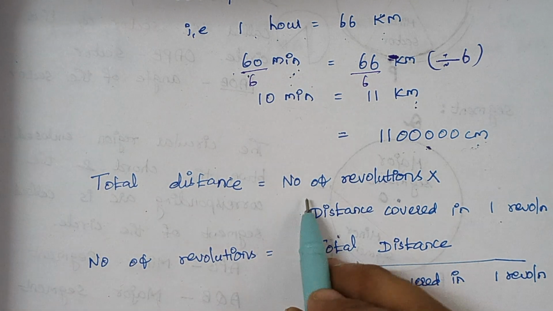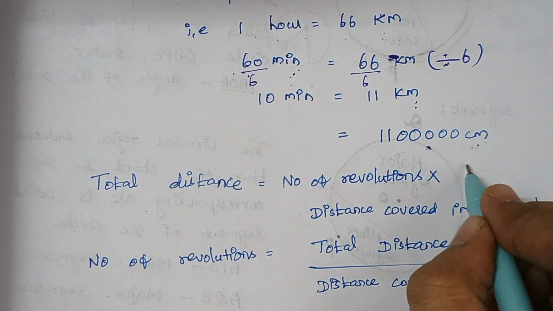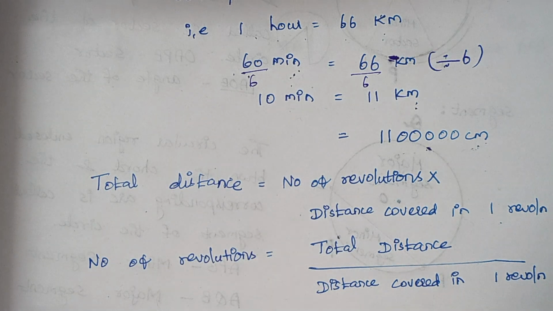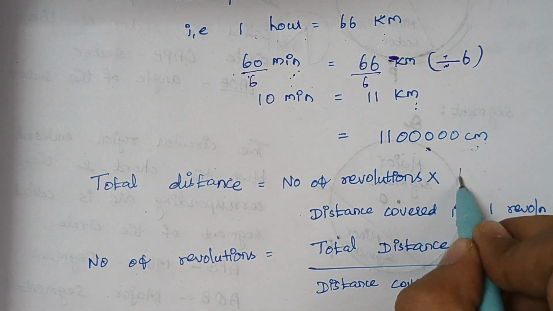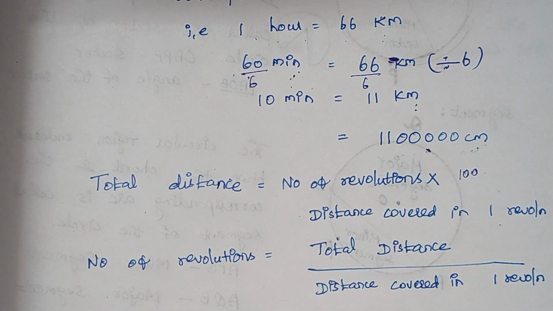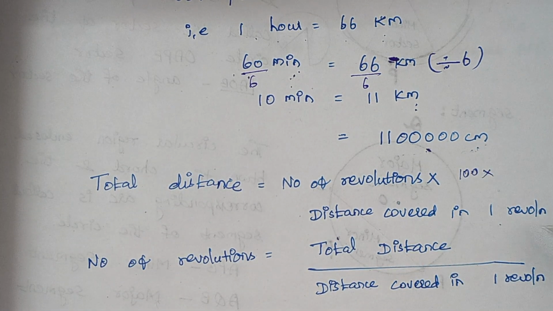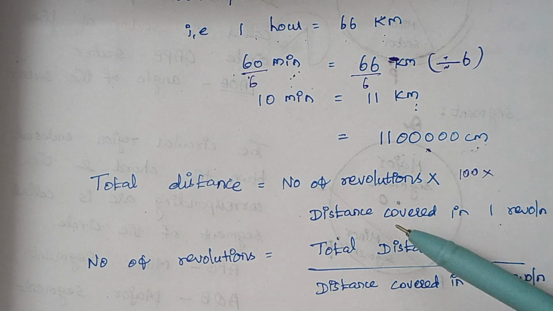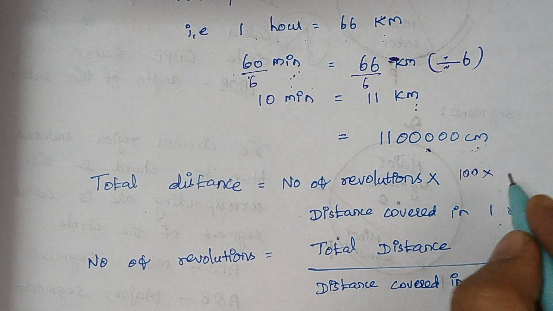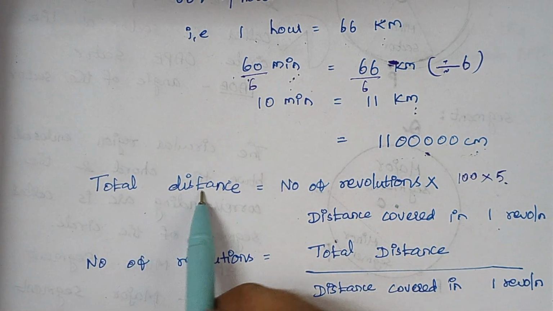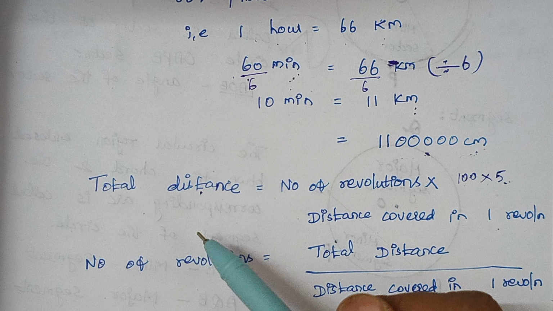For example, let the number of revolutions be 100. This is just an example, don't confuse it with the given problem. Multiplied by the distance covered in one revolution, let it be 5. Then what will be the total distance? 100 into 5, it will be 500.